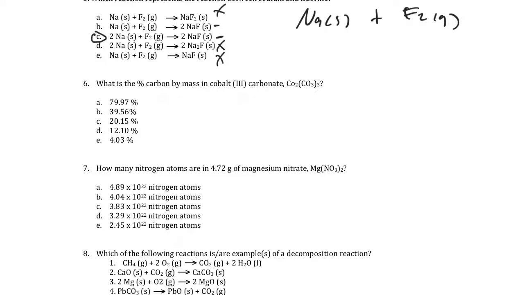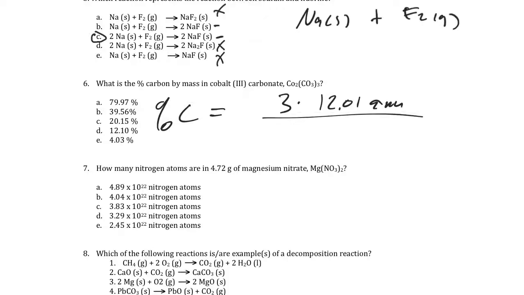Percent carbon in cobalt-3 carbonate. And so we're just calculating cobalt's mass is 58.93 AMU. There's 2 of those. Oh, that's not asking the percent cobalt, it's asking the percent carbon. So the percent C would be equal to the number of C atoms. So there's 3 carbon atoms, 12.01 AMU for each of those, and then the overall atomic weight will be 58.93 times 2 plus 12.01 plus 16 times 3 for the carbonate, that quantity times 3.